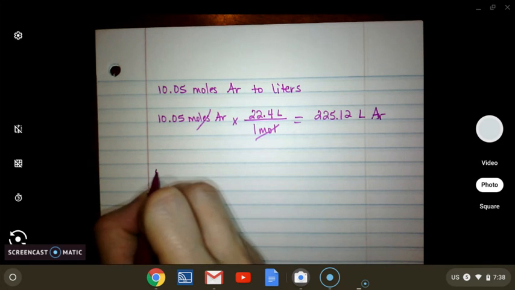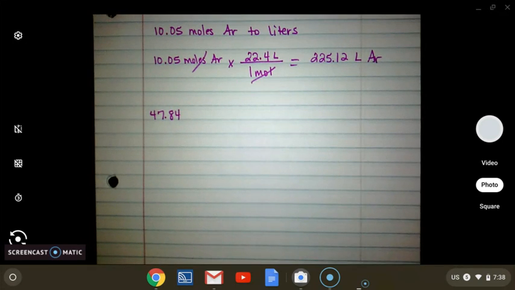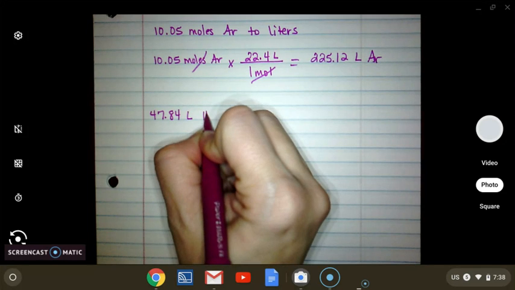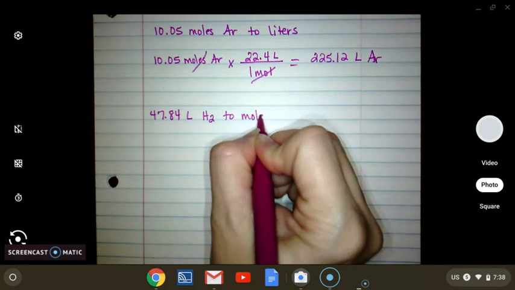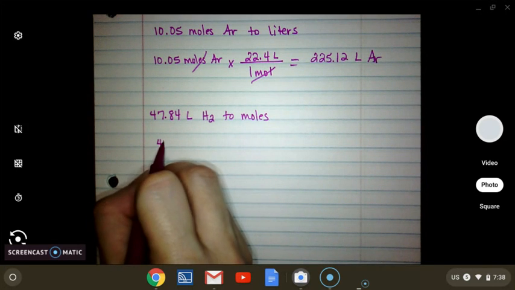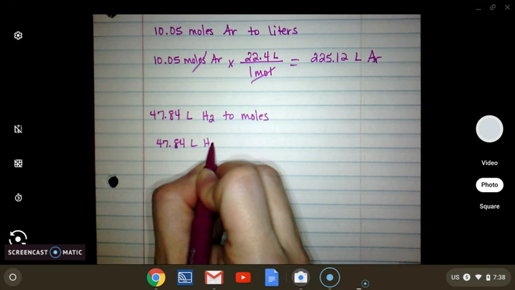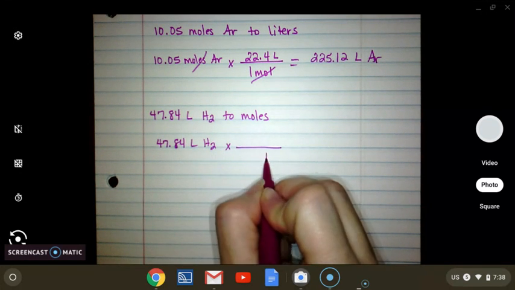All right, let's go backwards. So 47.84 liters of hydrogen to moles. So I'm given liters. I'm going to moles. So if liters is here, liters has to be down here.